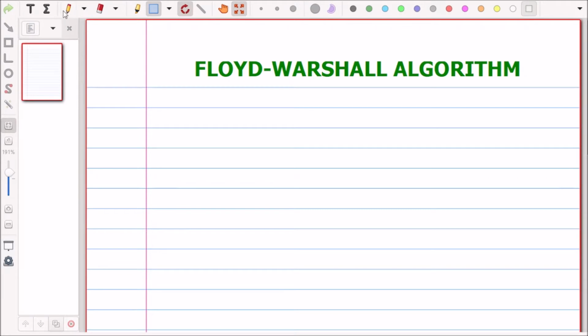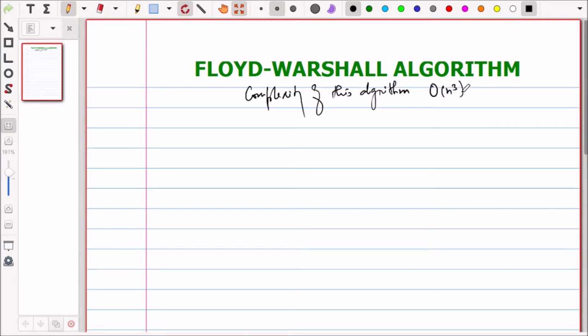As I've already told you in the previous class, the complexity of this algorithm is order n to the power cube. So it is similar to your Dijkstra algorithm, which is also of order n cube, right? But what is the advantage of this algorithm?